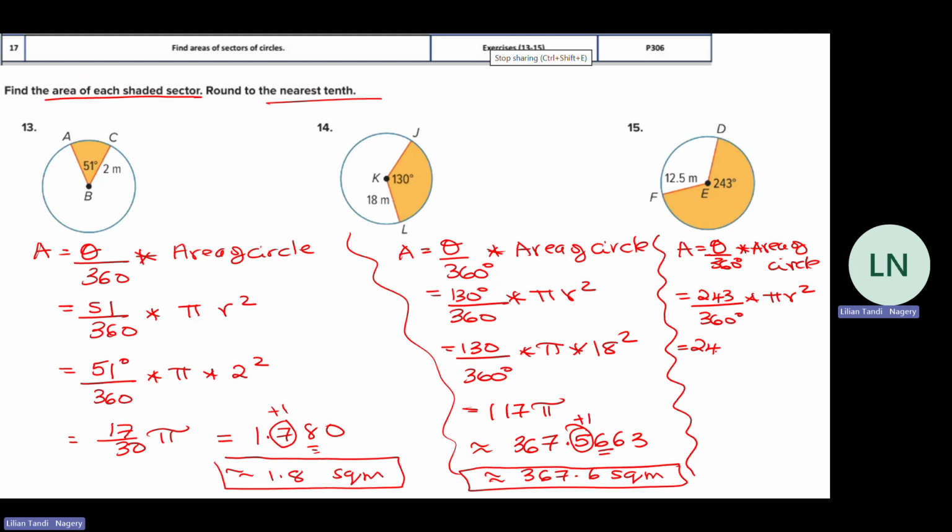This is 243 over 360 multiplied by pi multiplied by 12.5 squared. This should give you 331.339. We are not adding, so 331.3 square meters. And I box my answer.